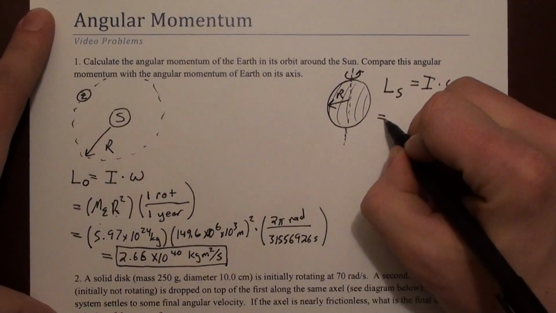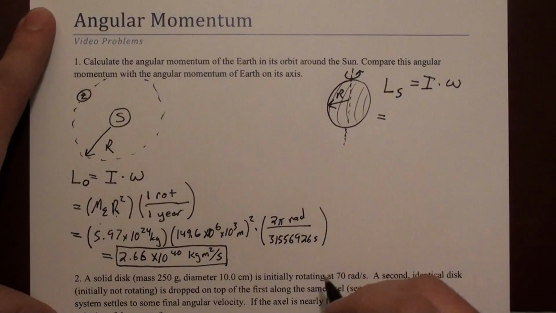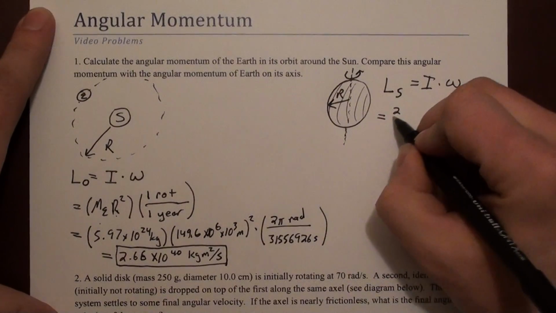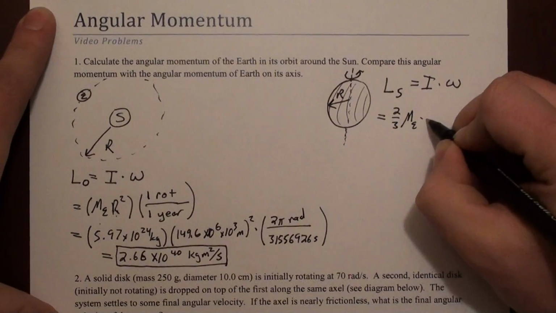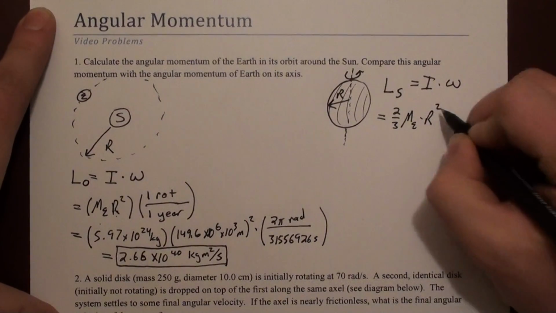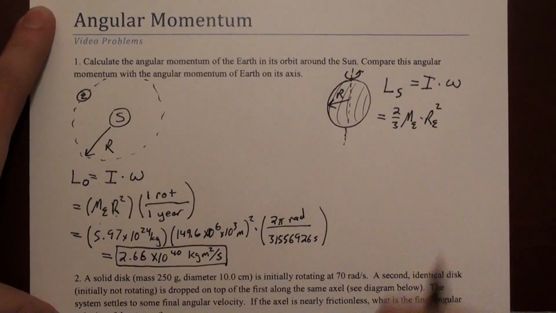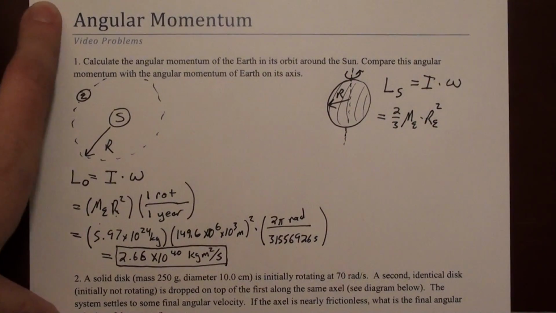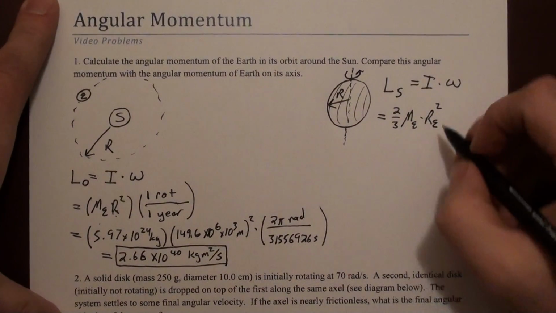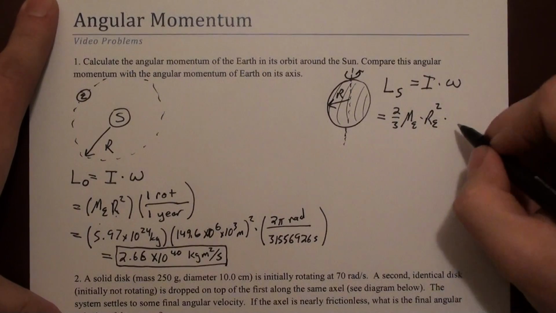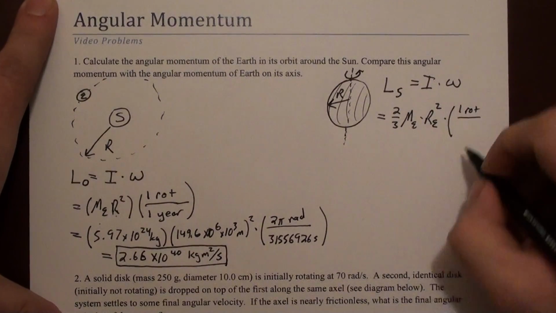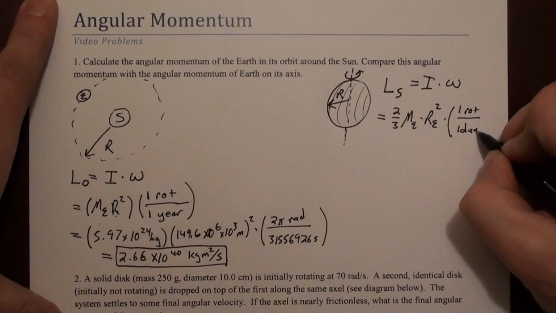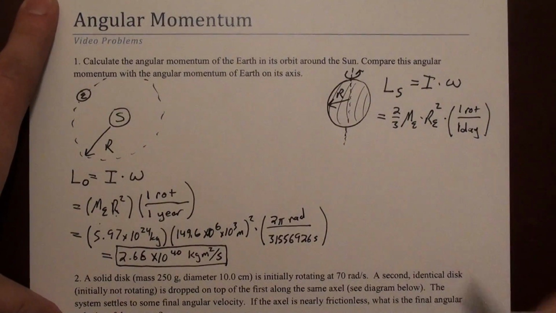We're treating the Earth as a solid sphere, so we'll call this 2/5 m of the Earth times the radius of the Earth squared, so we can say R_E squared. Again, that's a different number than before. Times omega, so we rotate once per day, so it's a different omega.